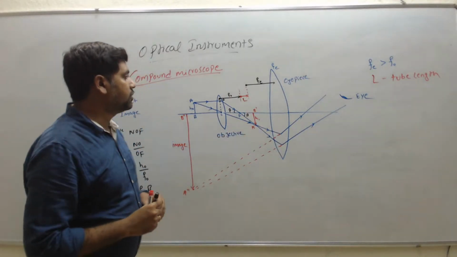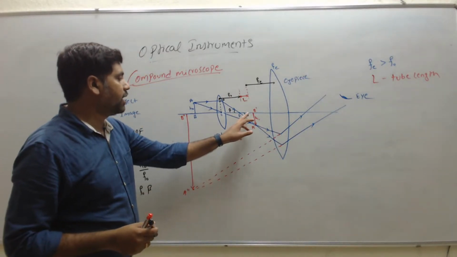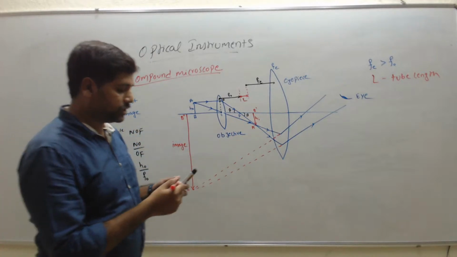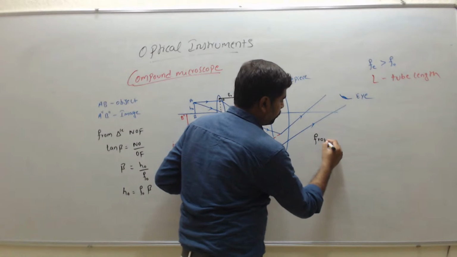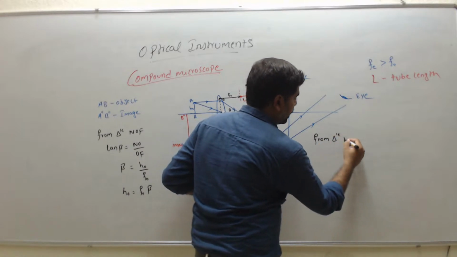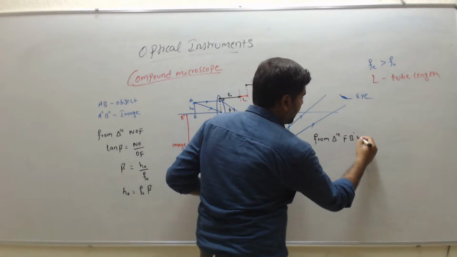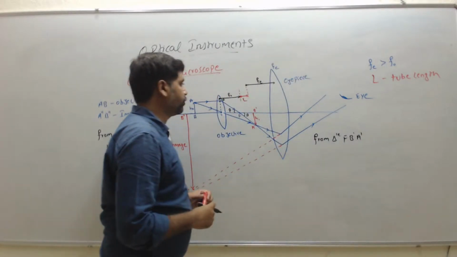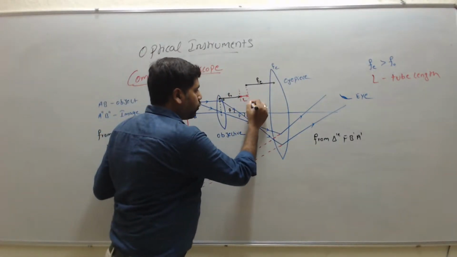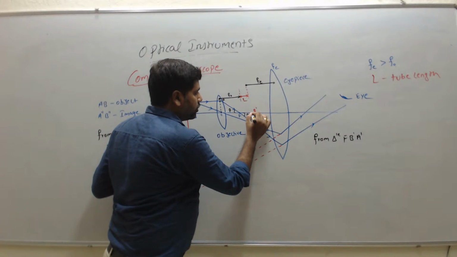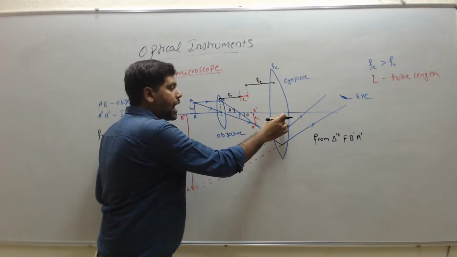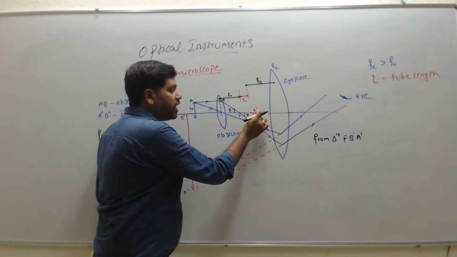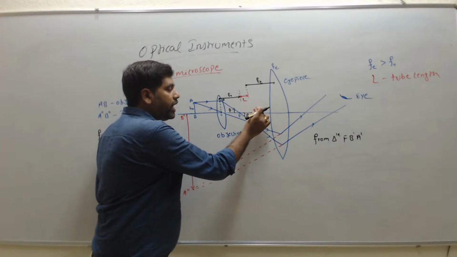So next, from triangle F B dash A dash. This point, the focal length, this one is FE, that is focus of the eyepiece. So this point is nearer to the point B dash.